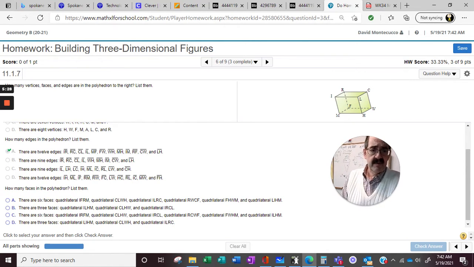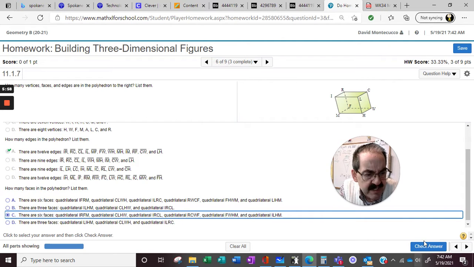Now we got to find the one that doesn't fit. F, H, W, M. F cannot go to H. That's a diagonal, so it can't be A. It has to be C.